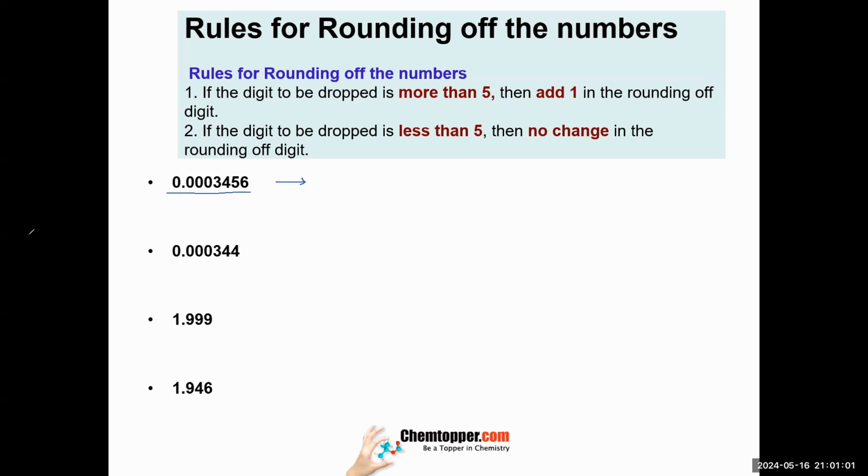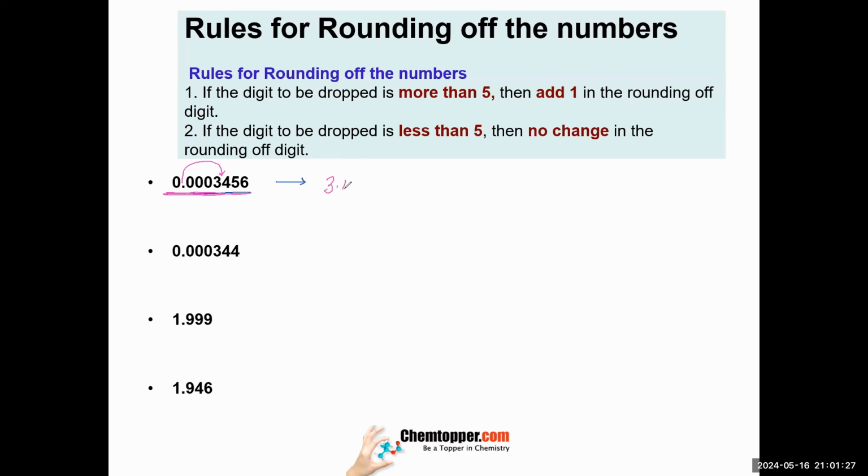So first let's convert this into scientific notation. Is it a small number or big number? Check. It's a small number. You're going to move the decimal from here to here, right? That's the rule. Move decimal after first non-zero digit.